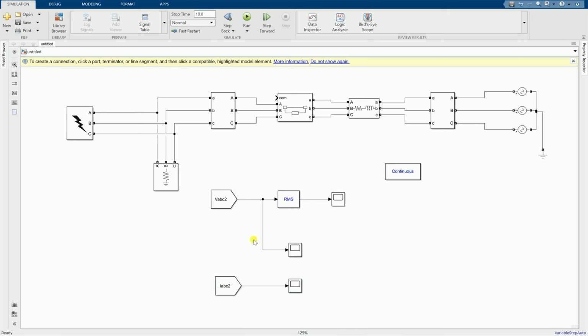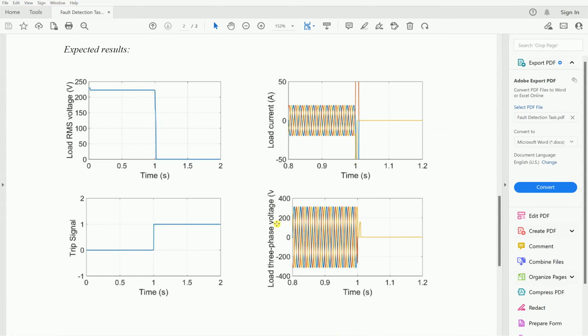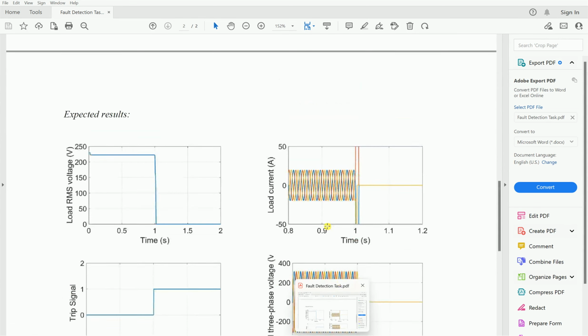If we get back here: three-phase voltage, load current, and load RMS. Now leave the trip signal for now.